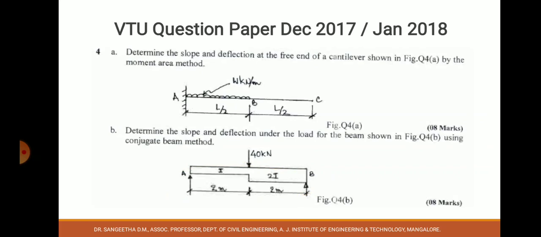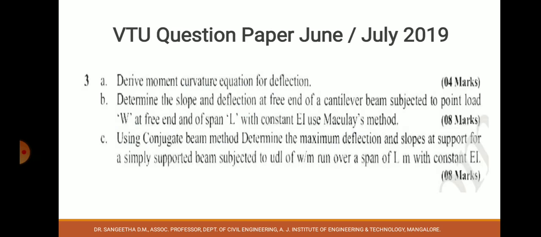So first draw the bending moment diagram for the real beam. Then for the conjugate beam, incorporate the EI values. Then using equilibrium equations, find the support reactions. Then take the point C, at the midpoint, the deflection can be evaluated.